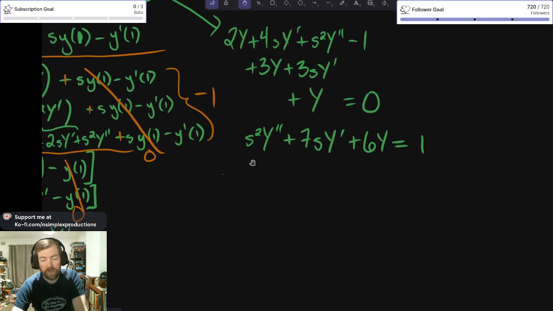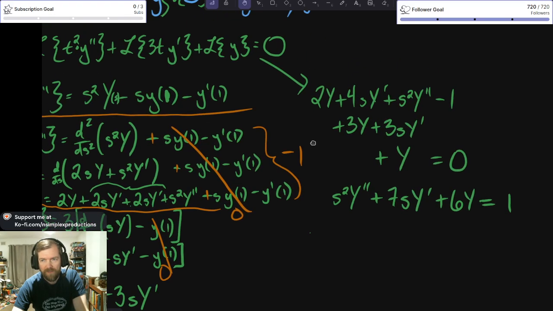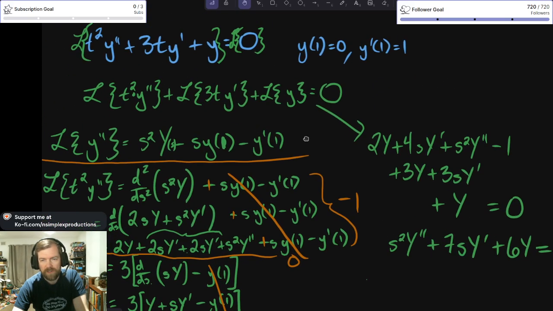Oh, so we have to do another Laplace transform? Second layer?